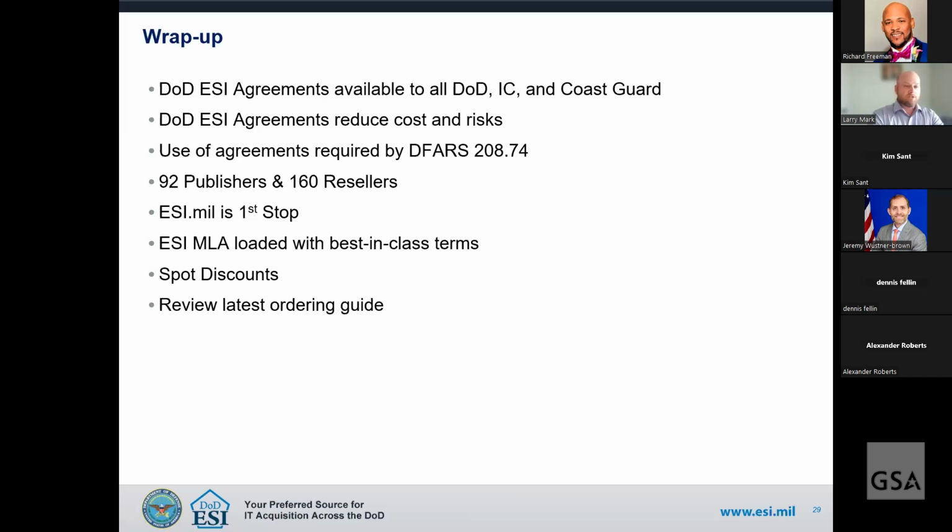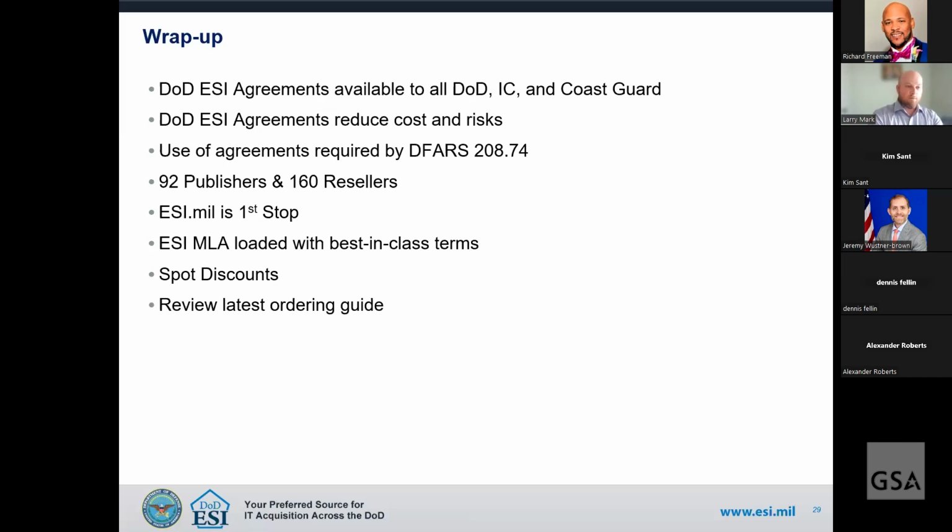ESI.mil should be your first stop if you have a commercial off-the-shelf software, hardware, or services requirement. Go to ESI.mil just to verify and see if it's available. Again, we have some other useful things for you on there as well, even if you're not using an ESI agreement.